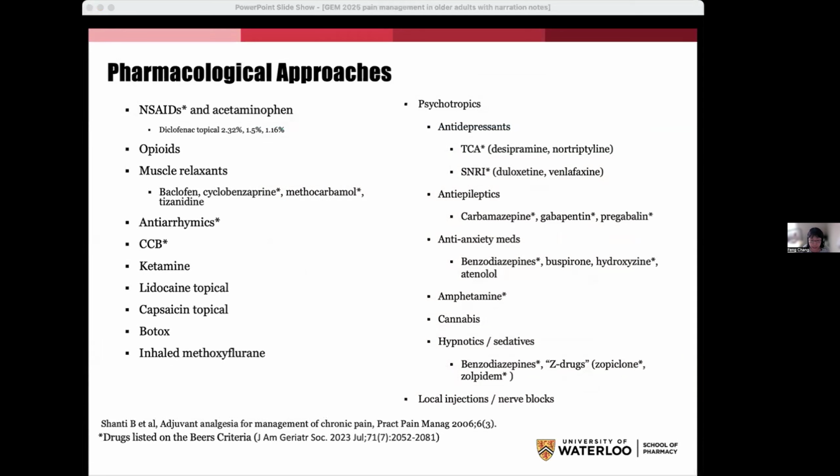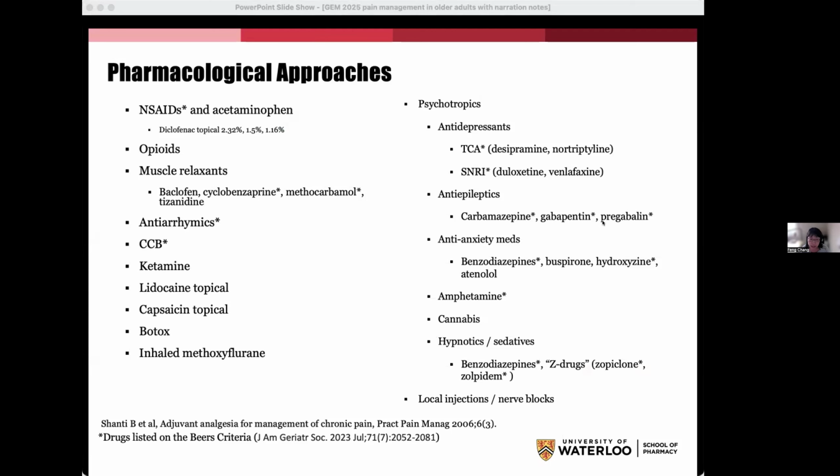Okay, so moving on to medications. The good news is there's a lot of different options and different mechanisms that you can try, and some can be quite complementary or synergistic. The bad thing is there's not one best option, and they can all cause different levels of side effects.